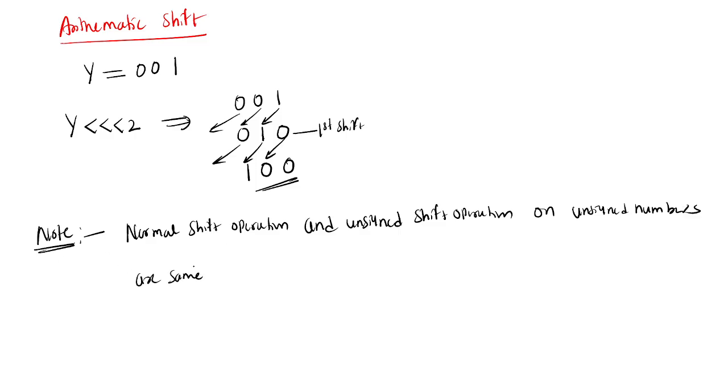Where will you get the difference? In the arithmetic shift, if you take a signed number, let us take m equal to 1 1 0 1. This is a signed number.